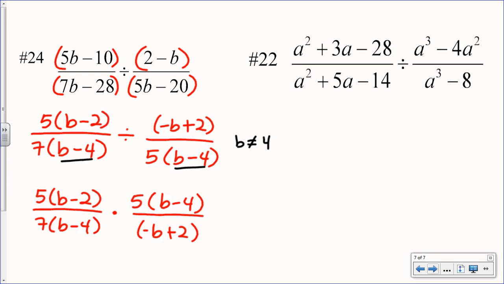What can I see that will cancel? b minus 4. Anything else? I could cancel the b minus 2 with the negative b plus 2, but I'm left with a negative 1. You can put it in the numerator or the denominator. That doesn't matter. Again, I usually just put it in the numerator.